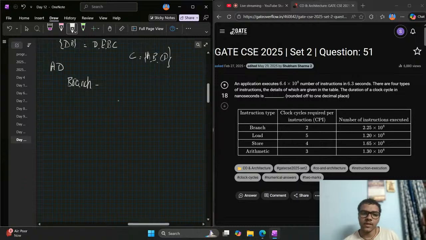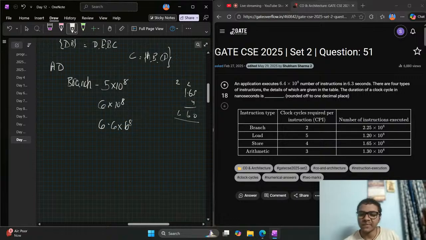So in total it needs 2.5 times 2, which is 5 into 10 power 8, and 12 5s are 60, so 6 into 10 power 8, and 4, so 16 2s are 32, that is 33, so it is 66 if I'm not wrong. Yep, 66. So 6.6 into 10 power 8.